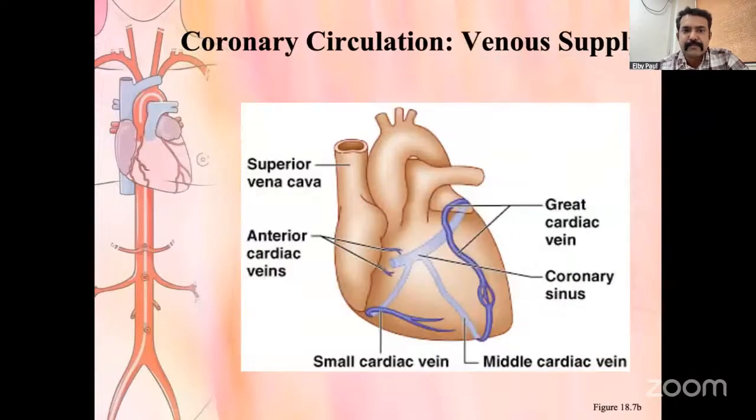Again, this is the venous distribution, the veins of the heart, the great cardiac vein, the veins that carry deoxygenated blood from the heart.